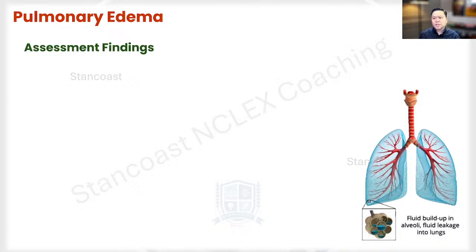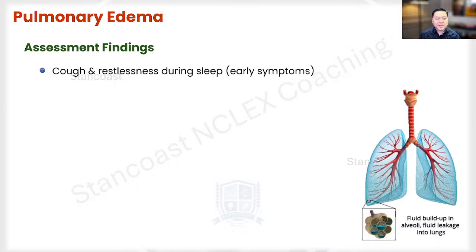Okay, here we go. So for the assessment findings, take a look at the clinical signs here. We are going to assess the patient for the most common findings, such as coughing and restlessness during, let's say, sleep. These are the early manifestations.